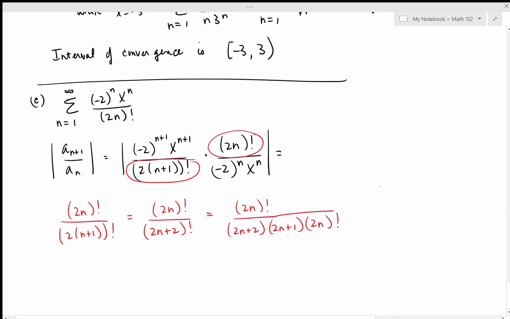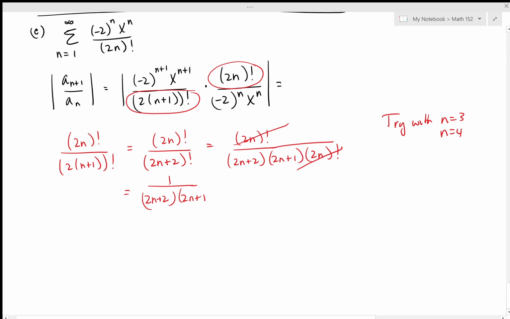If you're not convinced of this, not that it would be a proof, try n equals 3 or n equals 4, and assure yourself that you see what's happening when this canceling happens. So that cancels with that, and this thing here is 1 over 2n plus 2 times 2n plus 1.